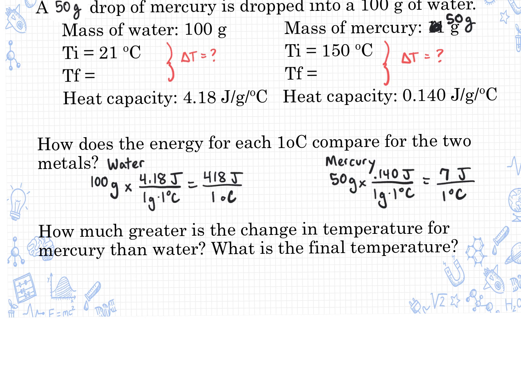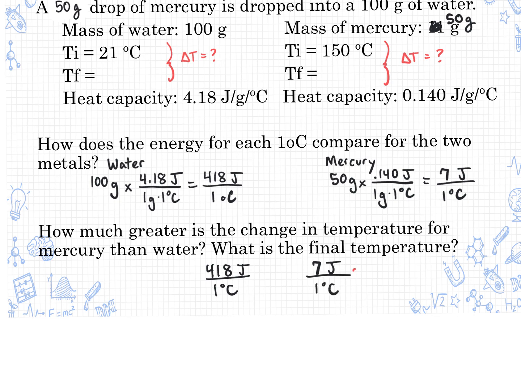So the next thing I'm going to think of is how much greater is the change in temperature for mercury than water? How much greater is the change in temperature going to be? So I'm basically saying if it takes 418 joules for 1 degree Celsius for water, I'm comparing that to the amount of energy it takes for 1 degree of our mercury sample to change.